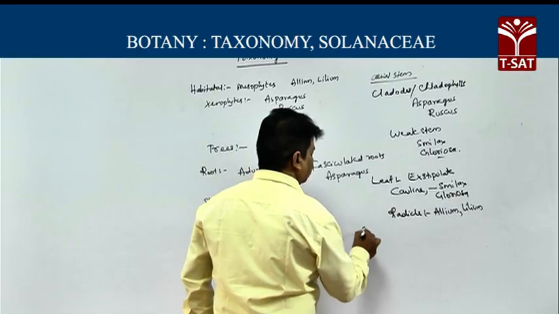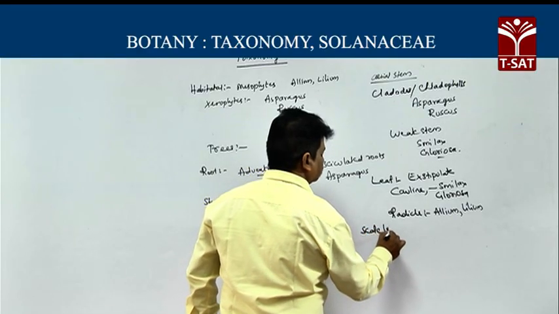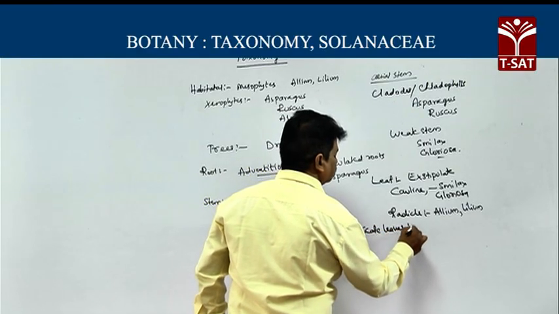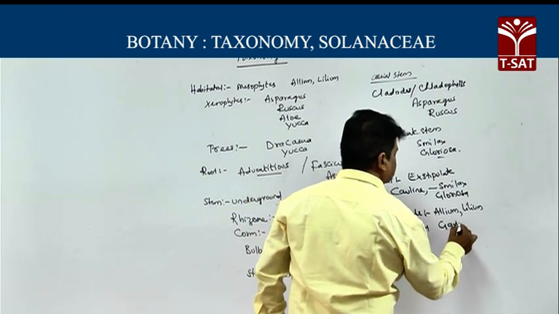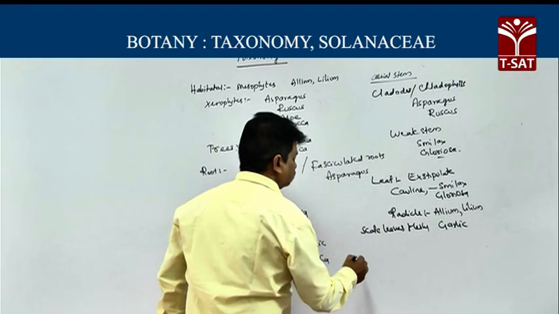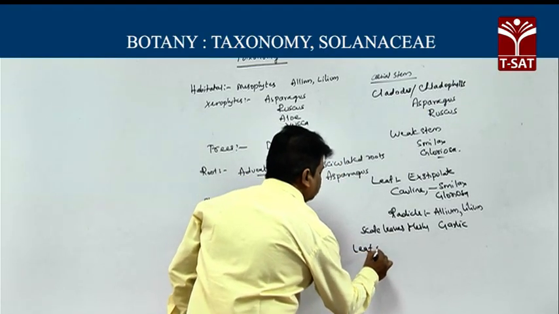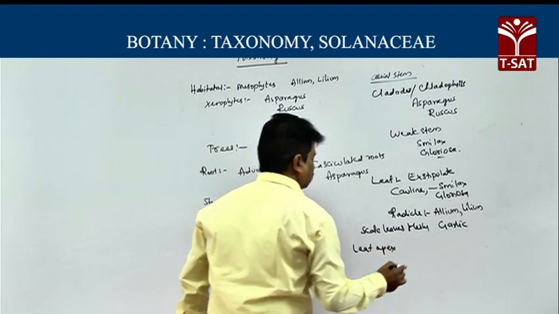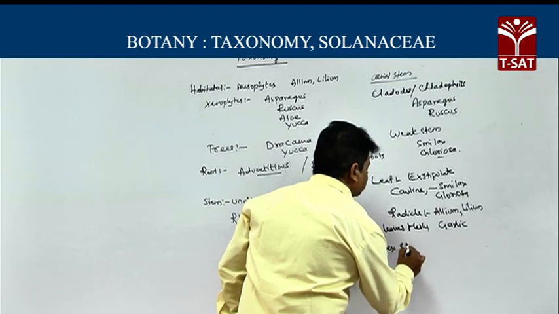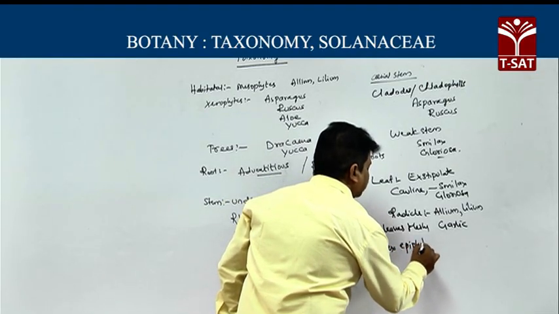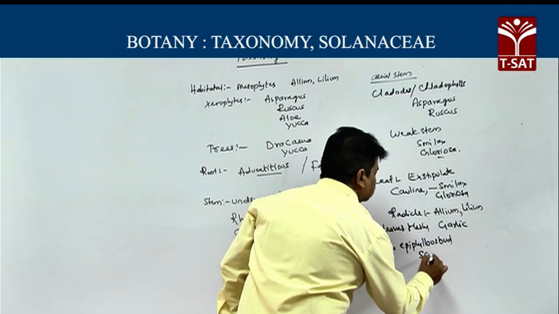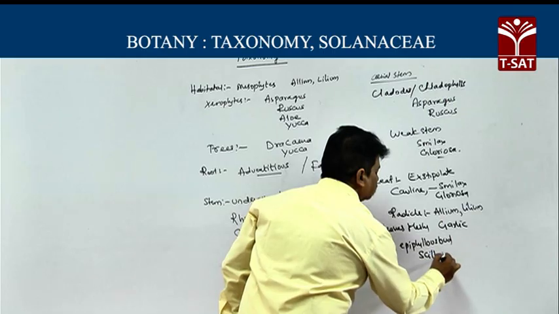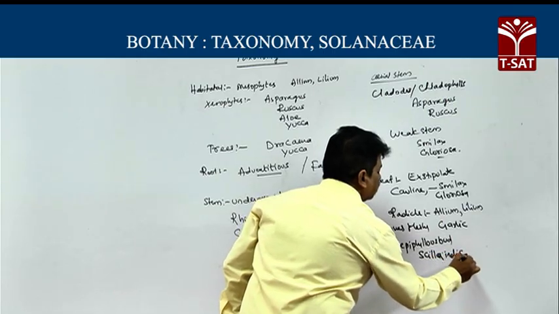Then scale leaves, fleshy, example garlic. Then leaf apex contains epiphyllous bud. Rightly it is called reproductive leaf. Example, Scilla indica.